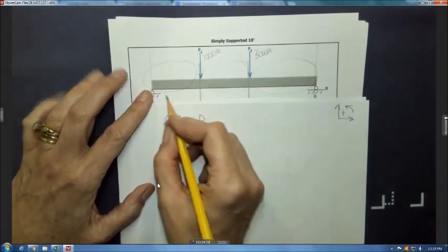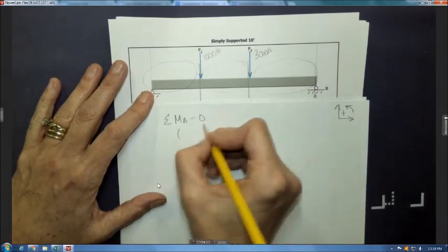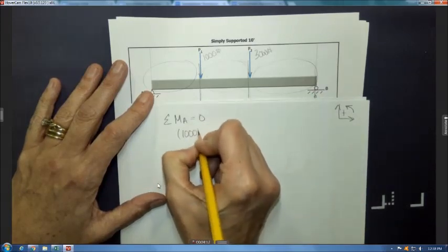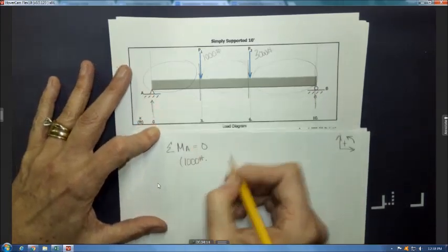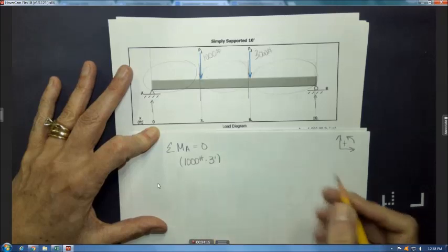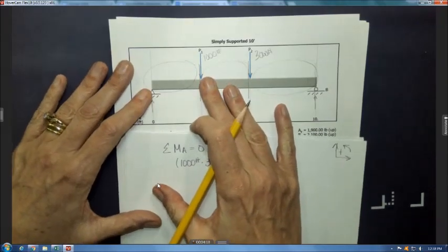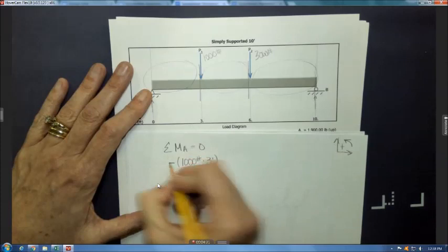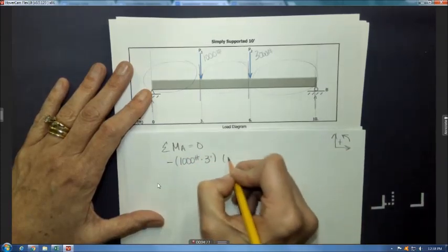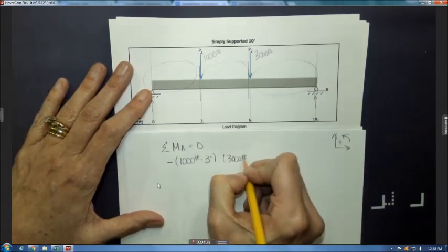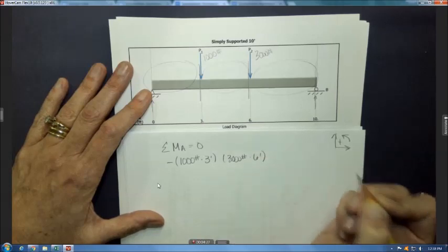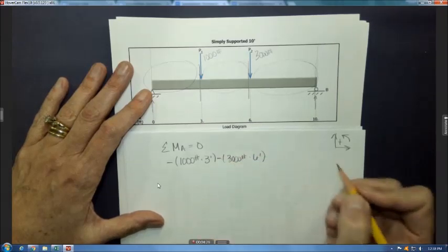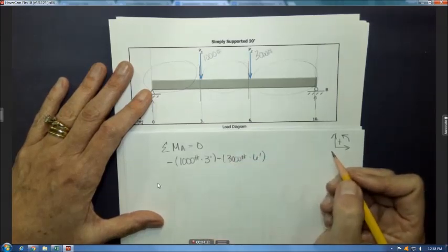So I know that to calculate those, I'm going to do the 1,000 pounds times my distance, which is 3 feet. Okay. As I rotate it or pull in that direction, it's going to go in a negative direction. Then I'm going to have 3,000 pounds times 6 feet, and that is going to also go in a negative direction. Okay.